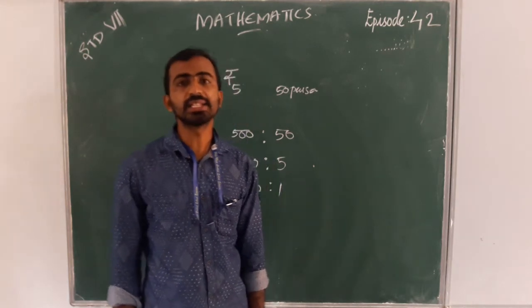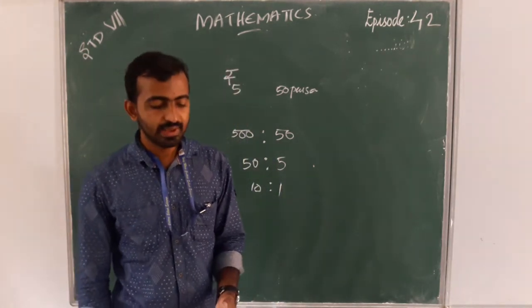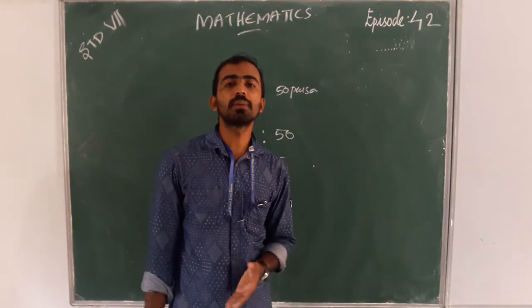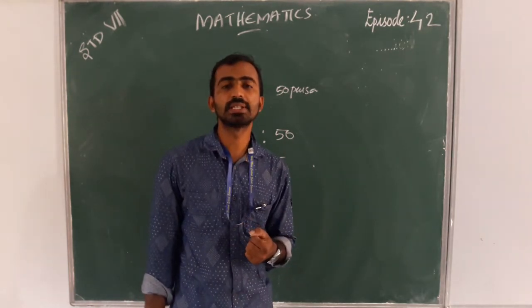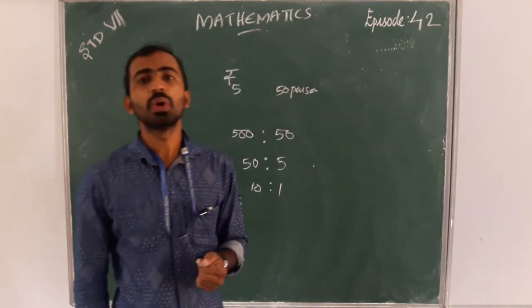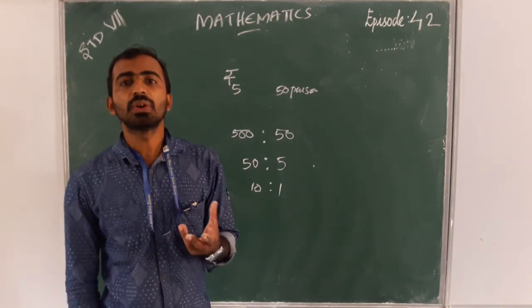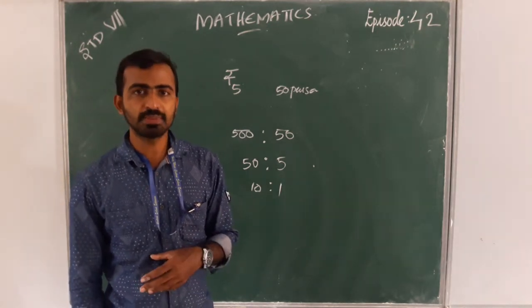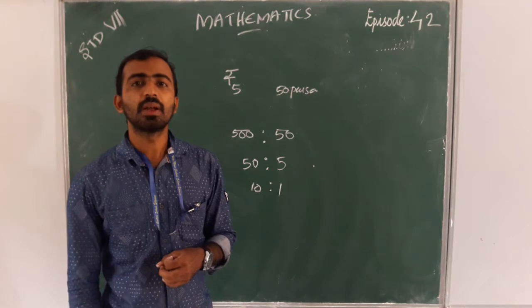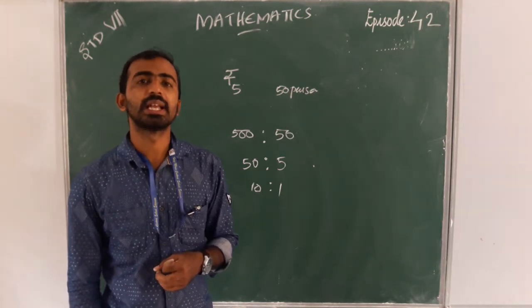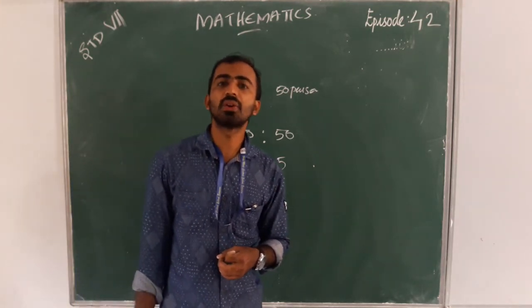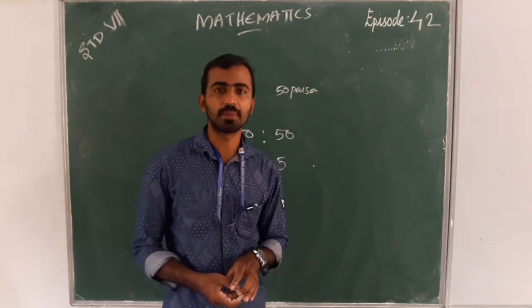In the same way, we can convert kilograms into grams. When we convert kilograms to grams, we multiply by 1000. So 5 kilo means 5000 grams.